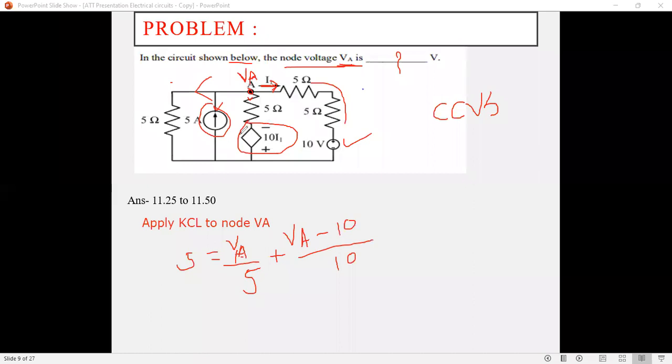Now see here, the direction of this dependent source is negative to positive.